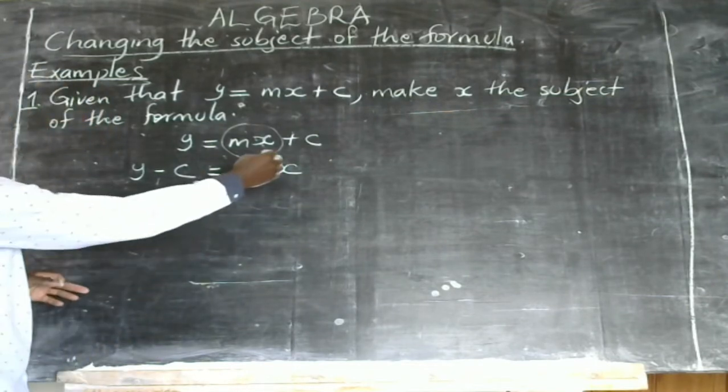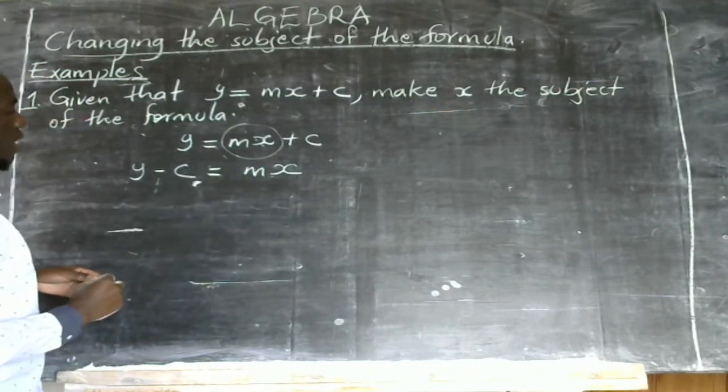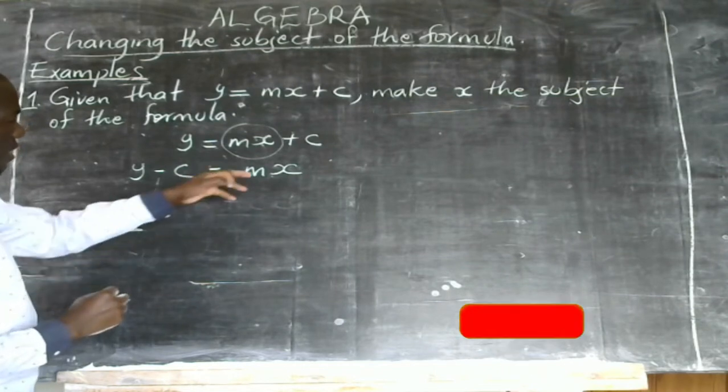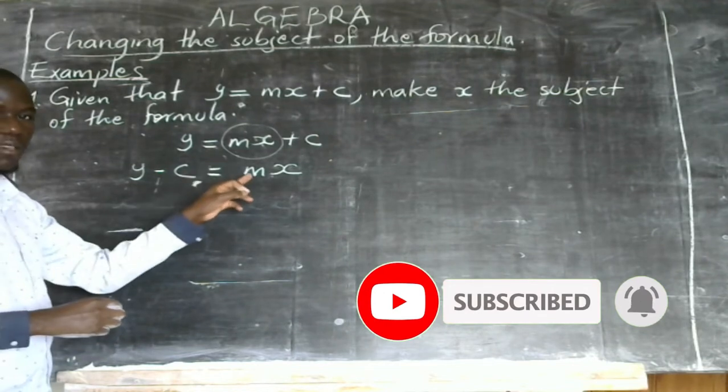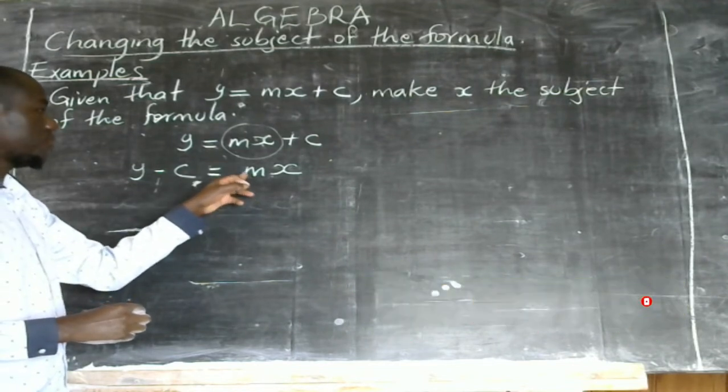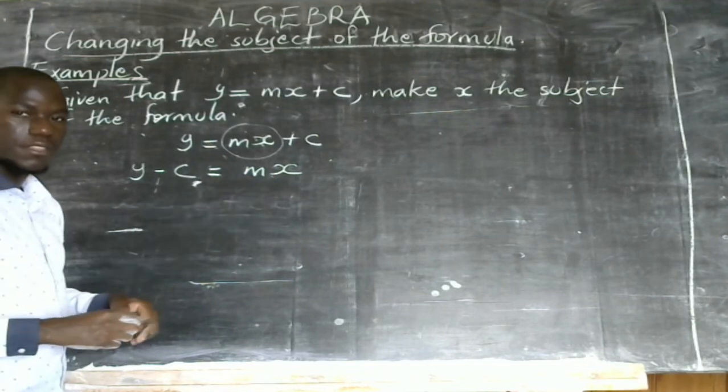You can see now the other side, what is stopping me from making x the subject of the formula is the m, and m is having an operation of a multiplication with the x there.